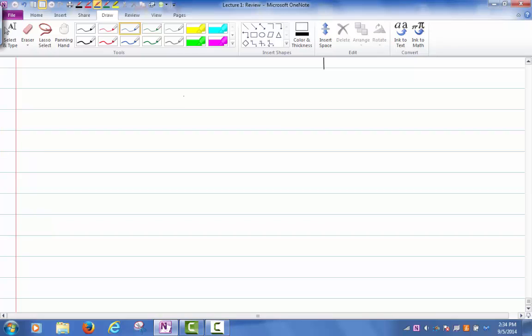So what I want to cover now is operations on functions. Actually, first of all, I want to look at the algebraic operations on functions.